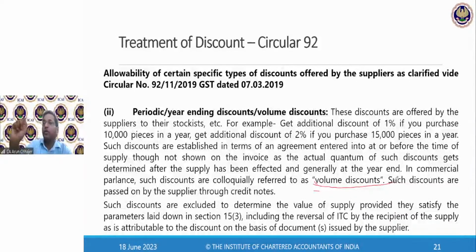So this language should come, that if all the conditions are satisfied, then discount should be excluded from the value. If the conditions are not satisfied, discount will not be excluded from the value. ये वाला condition आना चाहिए. ये वाली लैंग्वेज आनी चाहिए.